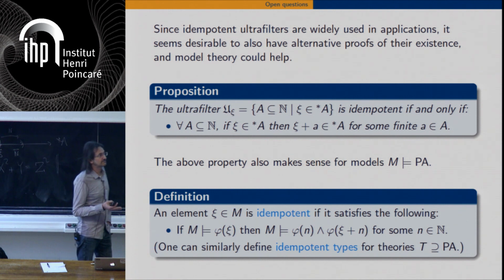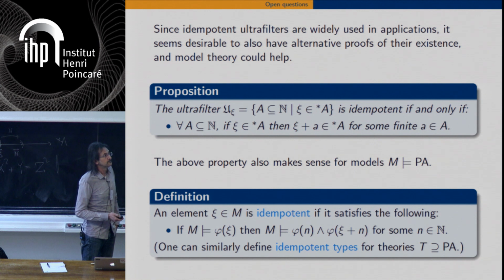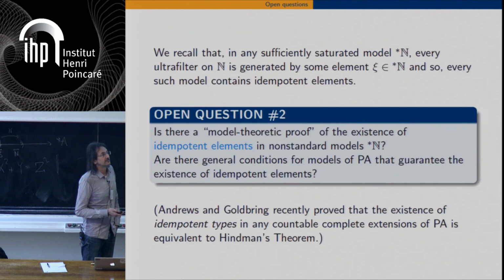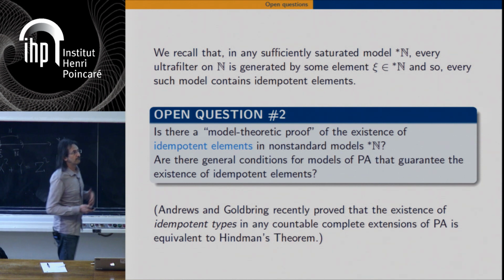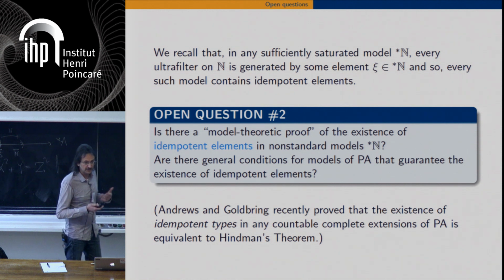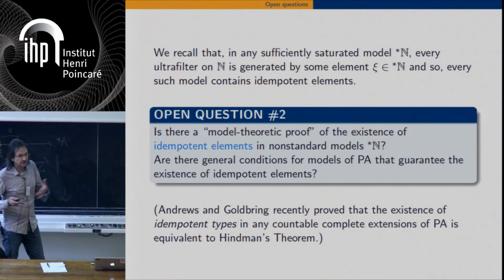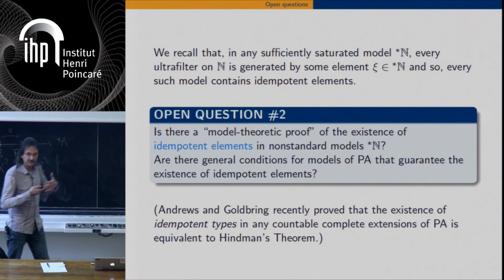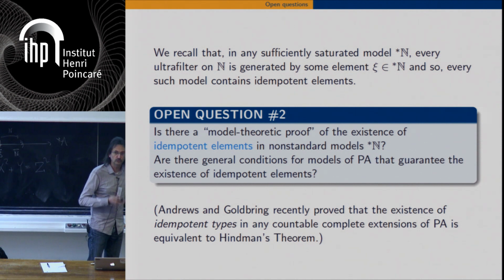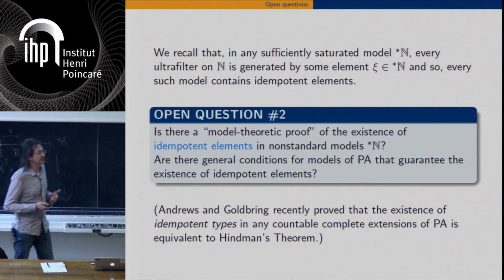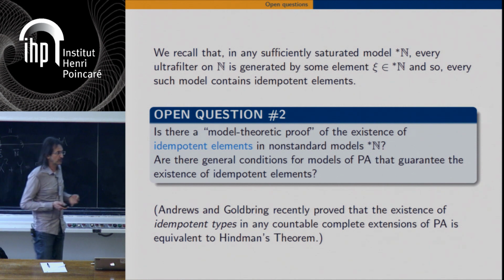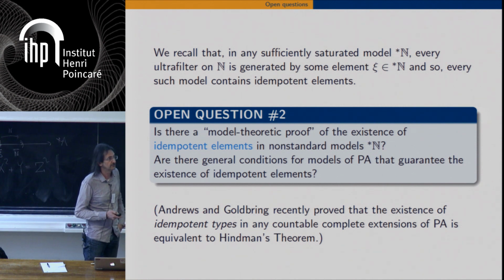It's a tricky thing, but my general, not precise question is the following: is there an alternative proof of the existence of these idempotent elements by using some typical machinery of model theory, producing in this way a really new proof of the existence of these objects? And it has been recently proved that as far as countable complete extensions of Peano arithmetic, this is the case, because we have a property that is actually equivalent to Hindman's theorem.